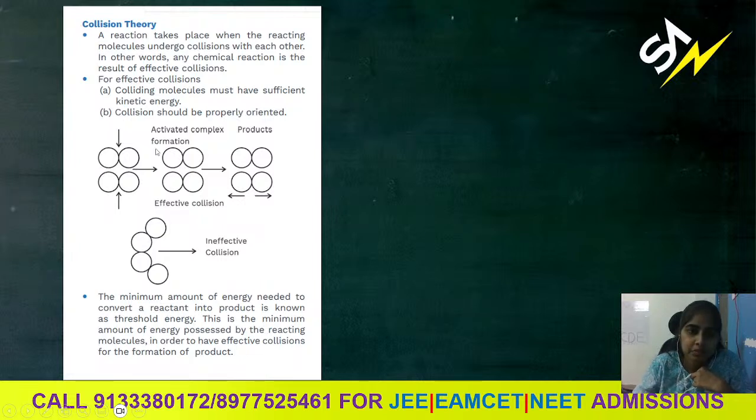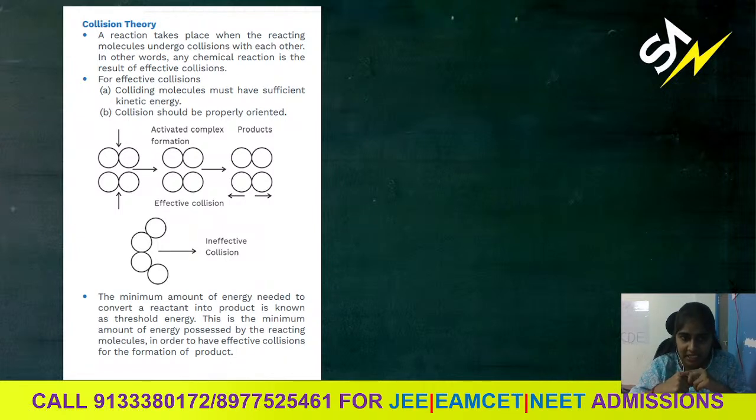See, if we take the circles as molecules, and they collide in the directions shown by these arrow marks, they form an activated complex. Activated complex formation is taking place. It is not a product, it is just an intermediate.